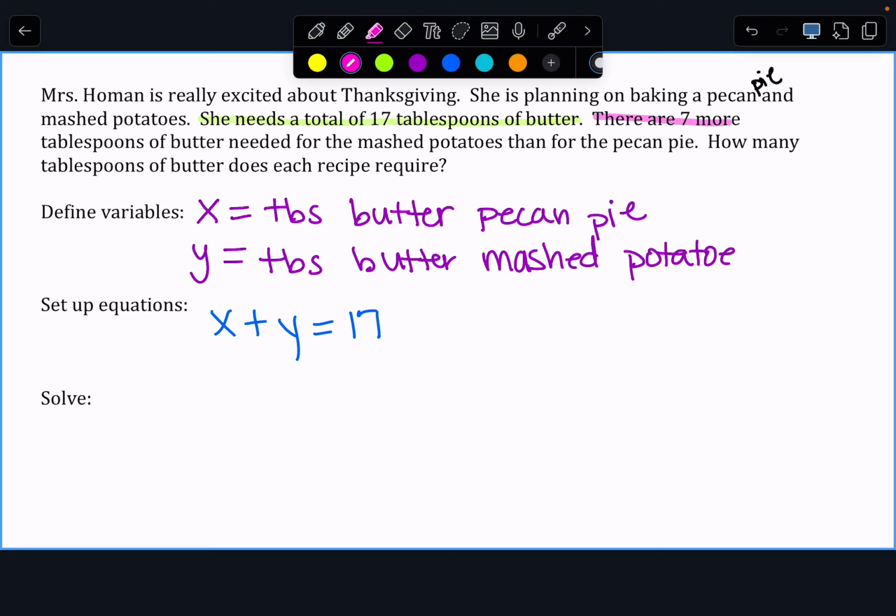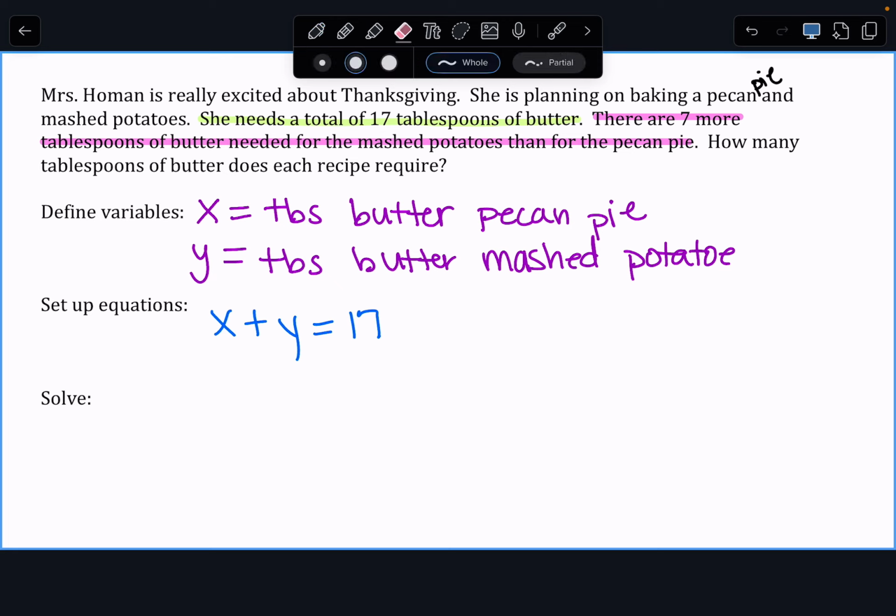There are 7 more tablespoons of butter needed for the mashed potatoes than for the pecan pie. How do I write that? Which one is bigger? Tablespoons of mashed potatoes. You need more for the potatoes than you do for the pecan pie.